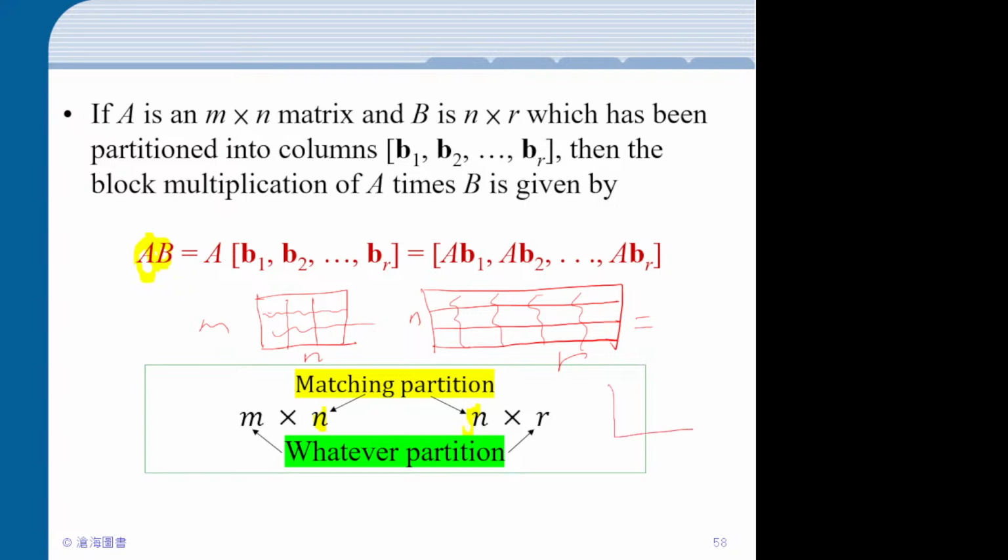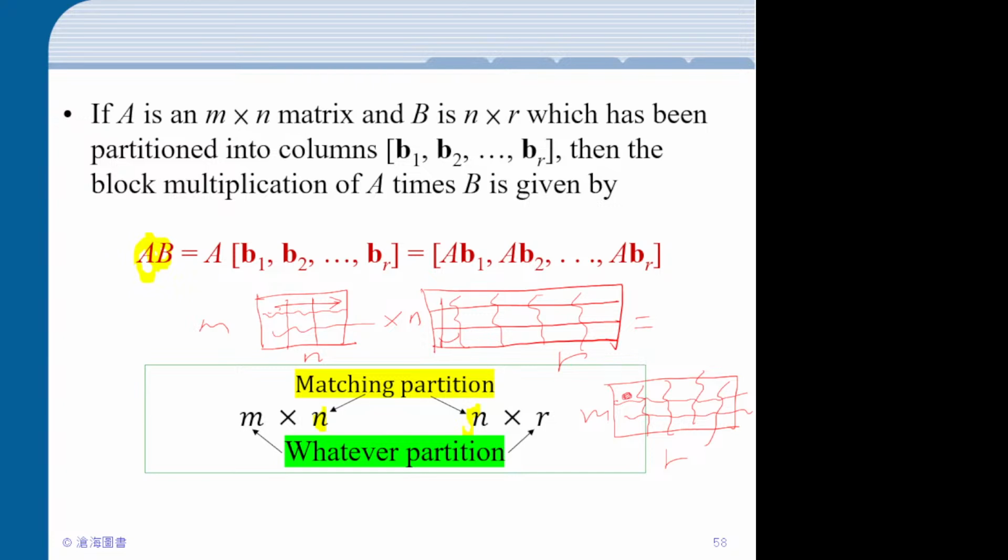The resulting m by r will have the same partition on m and the same partition on r, and each block will follow the matrix multiplication rule. So you are just thinking about those block matrix elements. So this block will be this row multiplied by this column, etc.